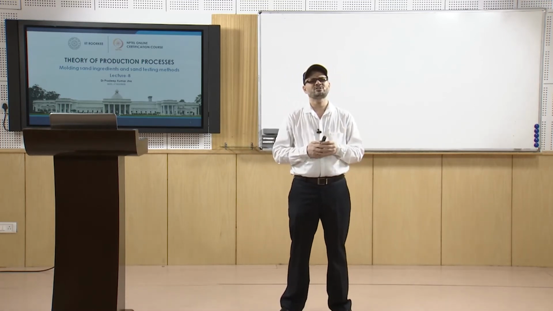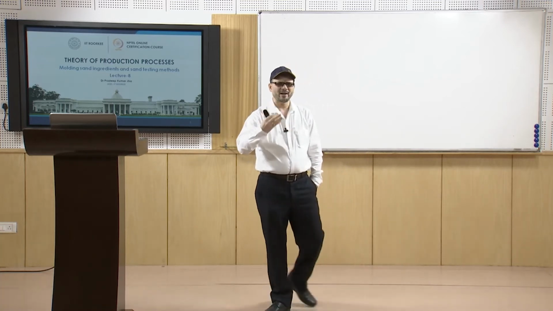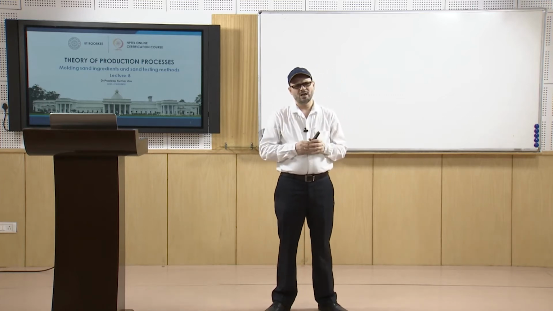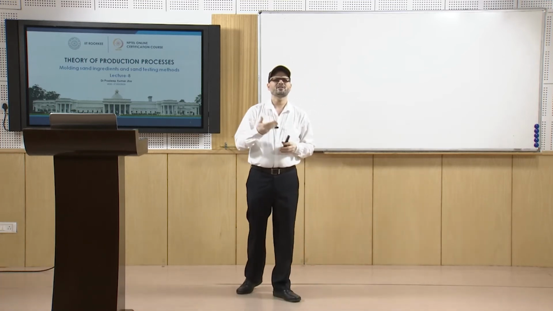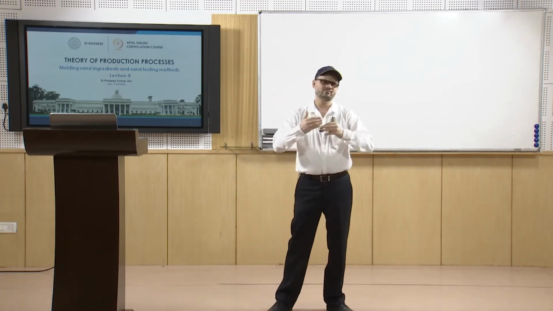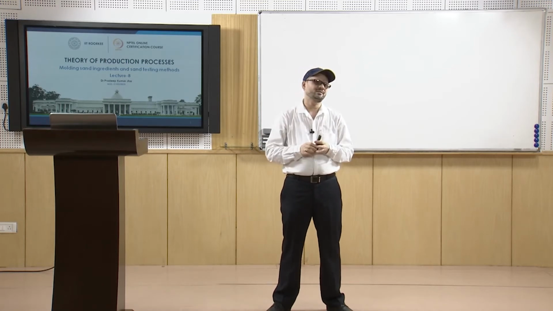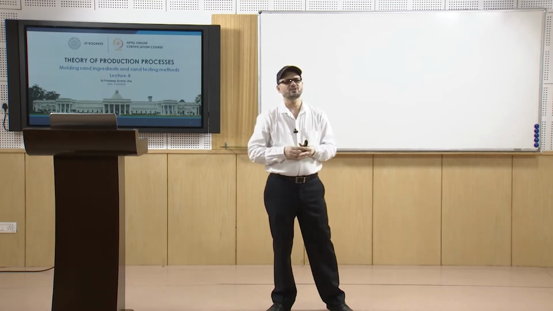Green strength: normally when we use molding sand, we need a binder to bind the grains together, and in binders we normally use clays. Clay is also a variety of refractory material itself, but it has a lower fusion point. It has a very fine size and other properties that we will discuss.